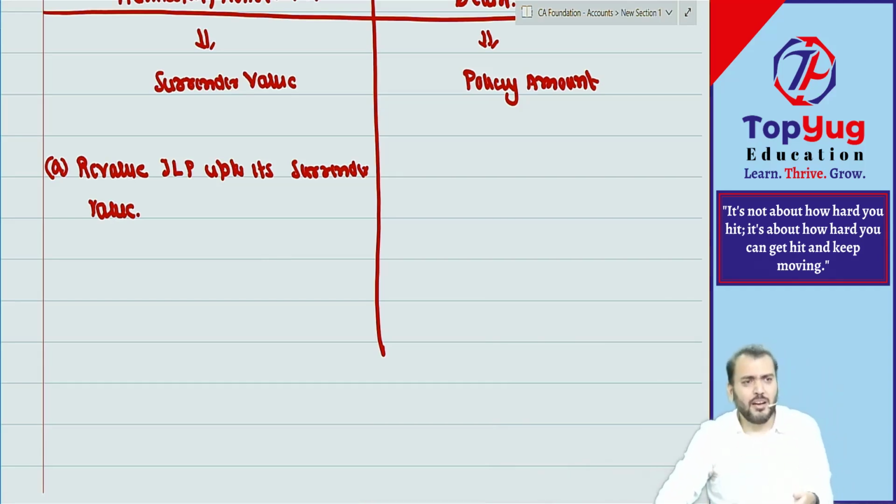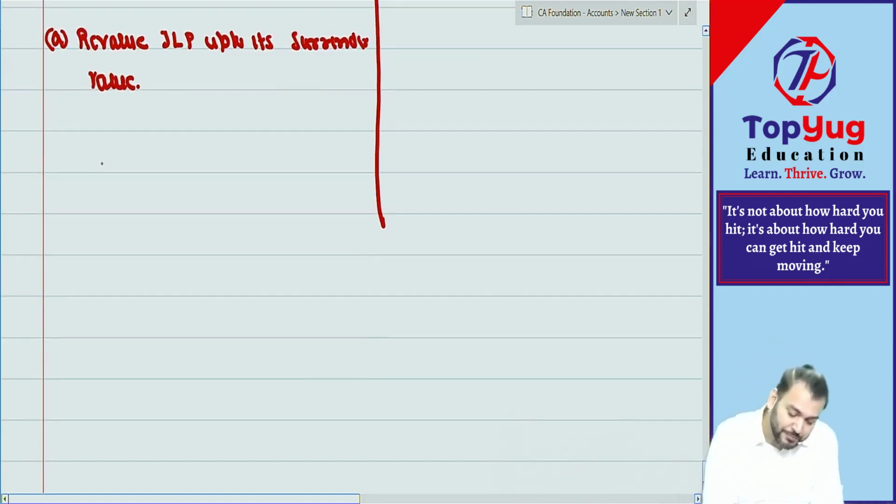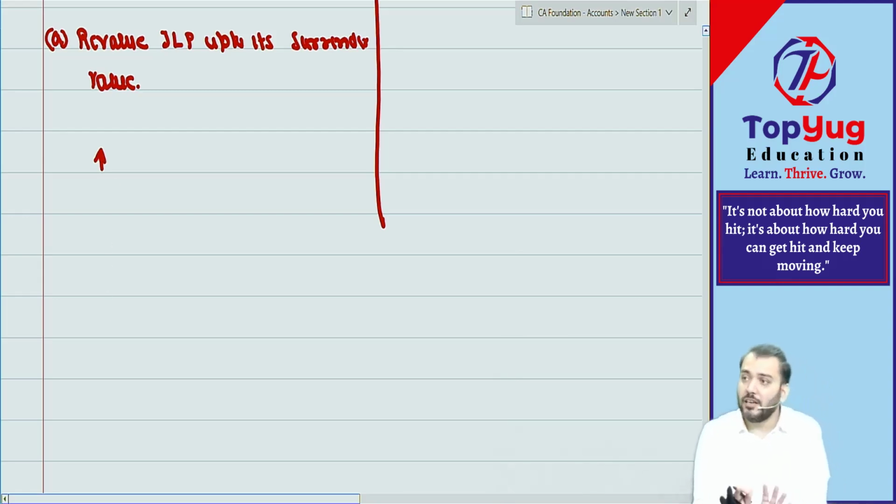Means if it is already coming at surrender value, will you increase? You will not increase now. I say revalue up to surrender value, means if it is already maintained at surrender value, no journal entry. There can be three situations: either increase, decrease or no change, but up to surrender value.